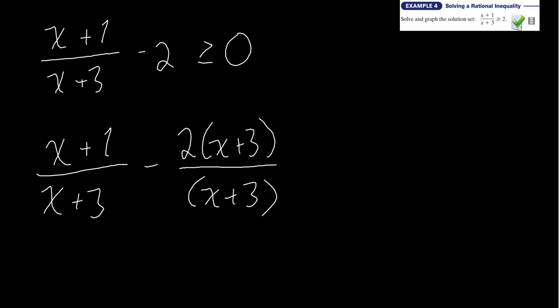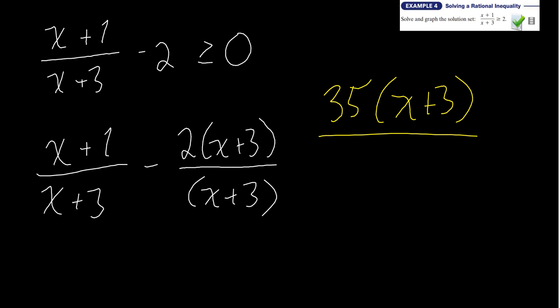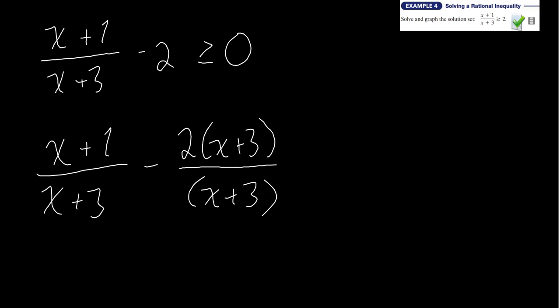I would say, I'm just feeling feisty, that I am 35 times the quantity of x plus 3 over x plus 3 years old. And then the laugh track will go ha ha ha ha, right? But it was just a really complicated way to say that I am 35 years old. It makes sense. It's logical. You don't necessarily make problems like this, but you have to do something clever in order to get a common denominator. Now, I am quite positive I over-explained that, but it is what it is, and this is why I tell you to crank the speed up to 1.5.